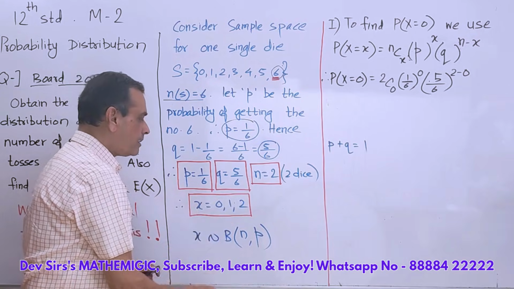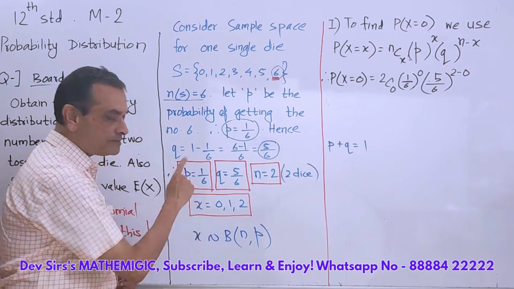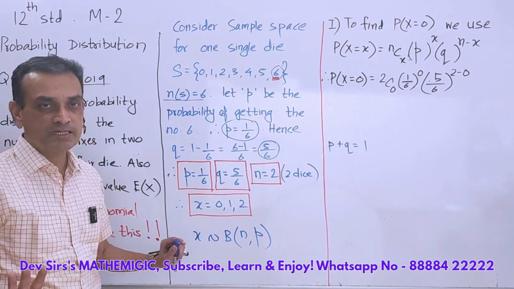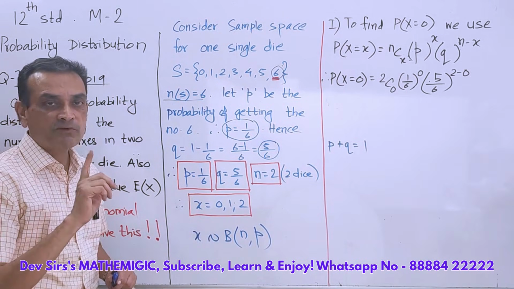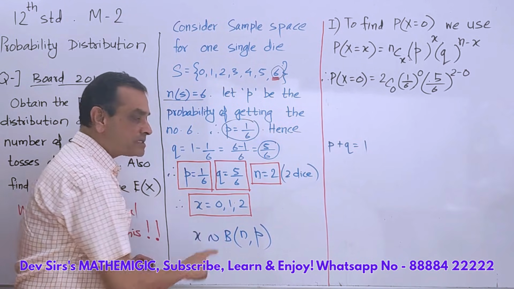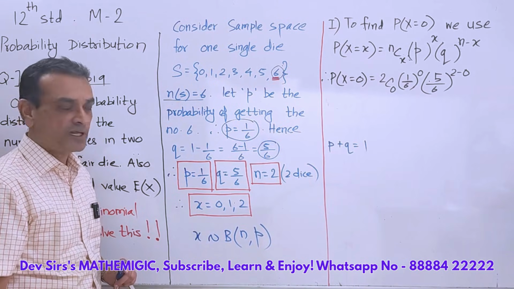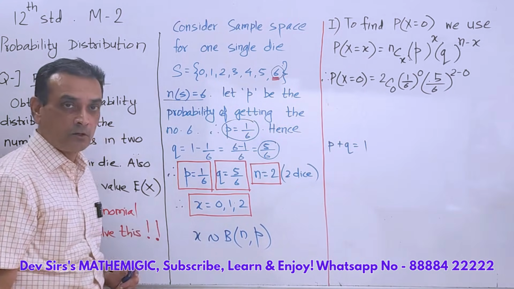Stop at 2. Now what does X mean? X equal to 0 means no 6s will come. X equal to 1 means one 6 will appear. X equal to 2 means 6 and 6 both times. That is the meaning, since you are throwing two dice.